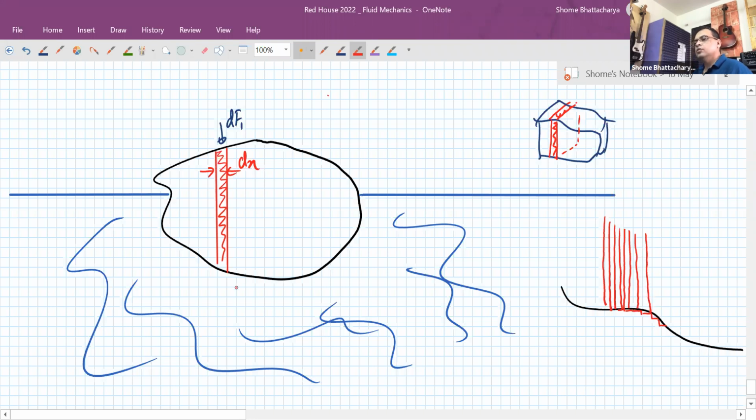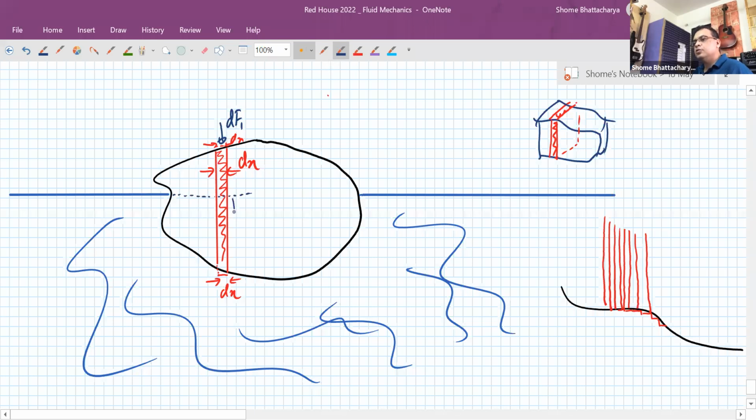So here you will think of this strip like this, with this thickness dx, and over here also, as if this thickness is dx.